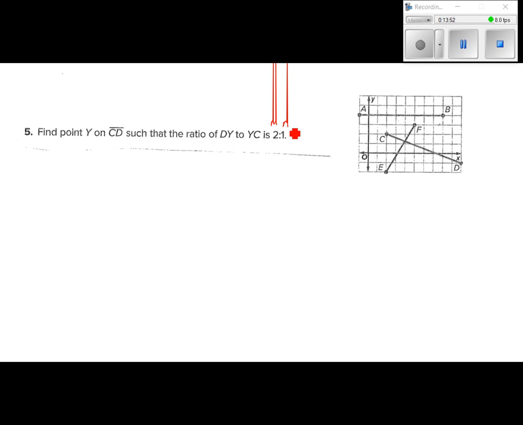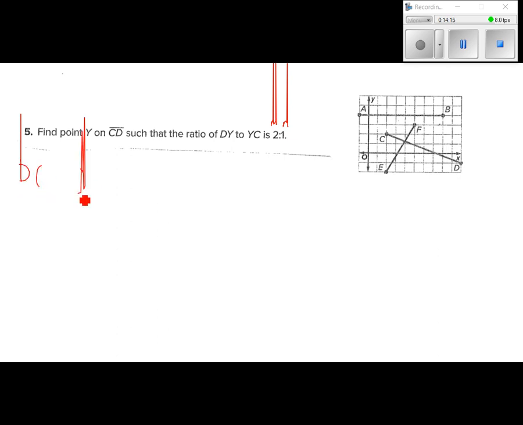First thing we need to do here is, what point are we going from and to? It says, find the point on CD such that the ratio of DY to YC, so we're starting at D and going to C.